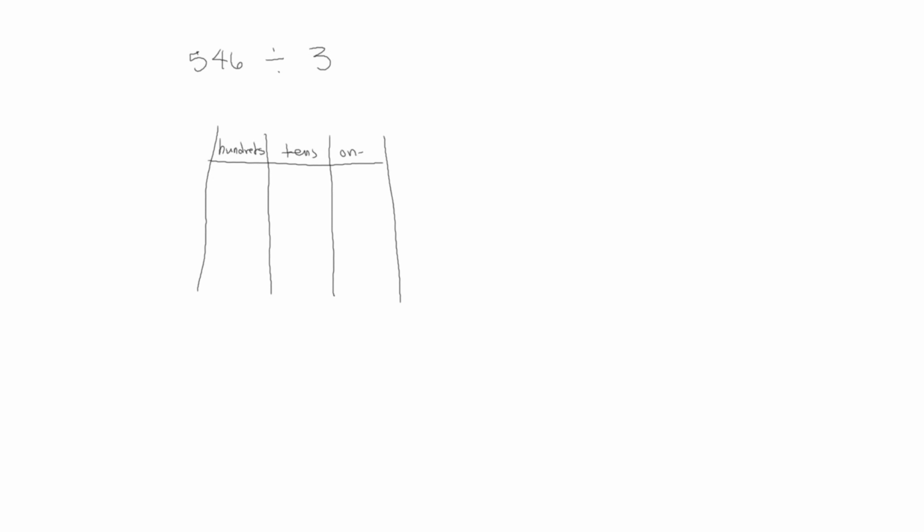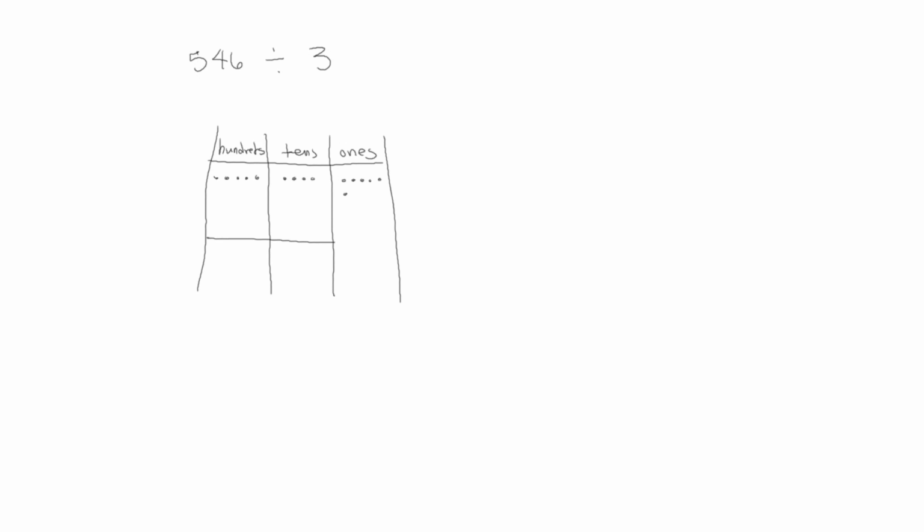Let's look at another one. Let's do 546 divided by 3. Again, I'll show it in my place value chart. I'll show the dividend as 5 hundreds, 4 tens, and 6 ones.